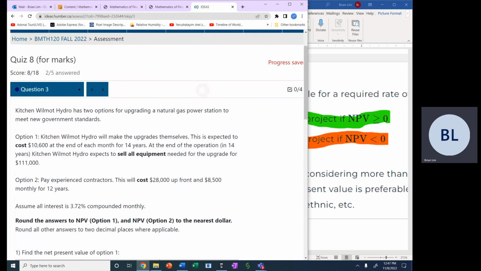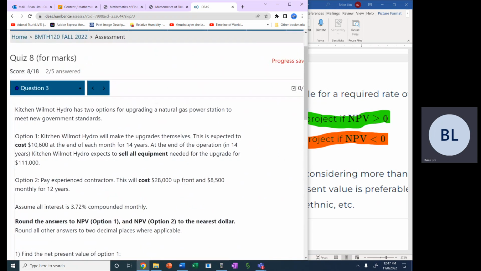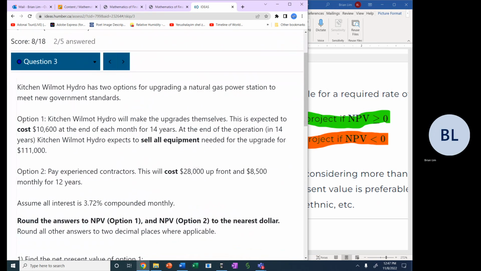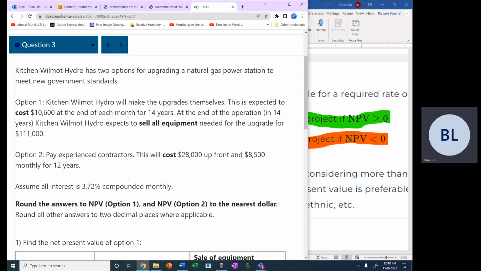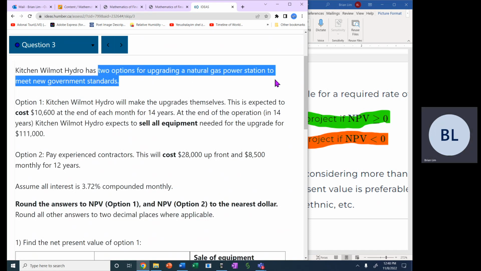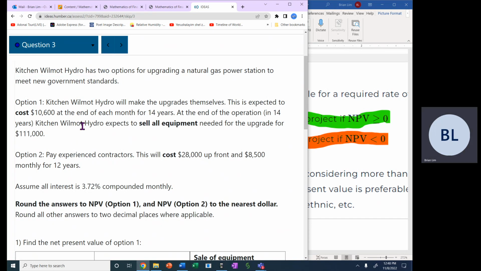Now the next question is question number 3. Here we have 2 options. Kitchener Wilmot Hydro has 2 options for upgrading a natural gas power station to meet the new government standards. The first choice is to do the upgrades themselves.